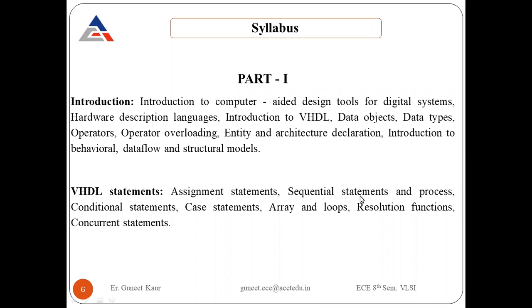Then operator overloading concept. Next, entity and architecture declaration. The main programming part is to write the entity in this language VHDL.